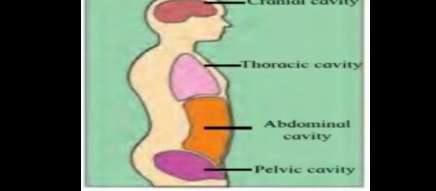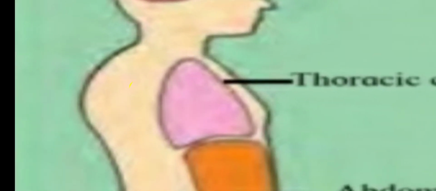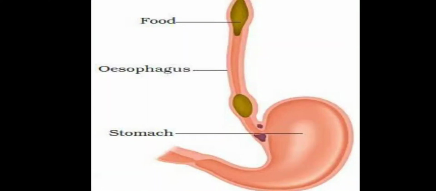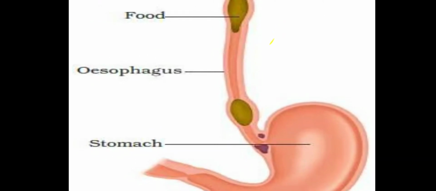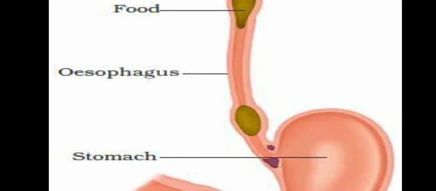There is a tube in the thoracic cavity. Here you can see the thoracic cavity. There is a tube in the thoracic cavity to transport food from the mouth, which you eat, to the stomach. It is called the esophagus or the gullet.